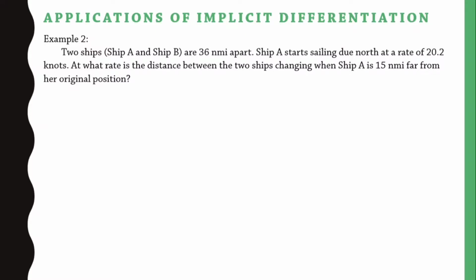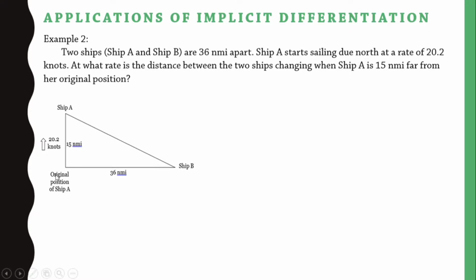So, to make this problem clearer and easier to solve, let us look at this illustration. Now take note, this is the original position of Ship A, and this is 36 nautical miles apart from Ship B based on our given problem.